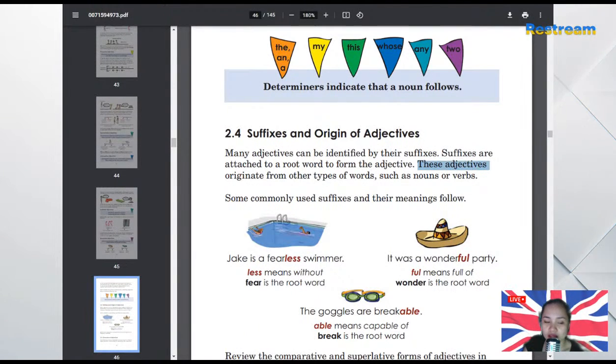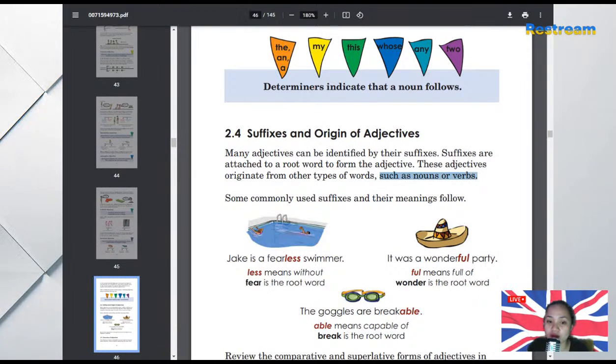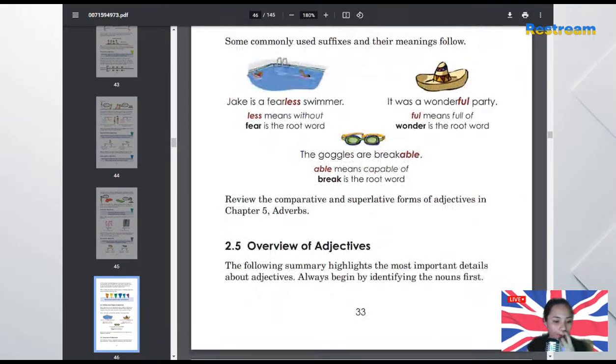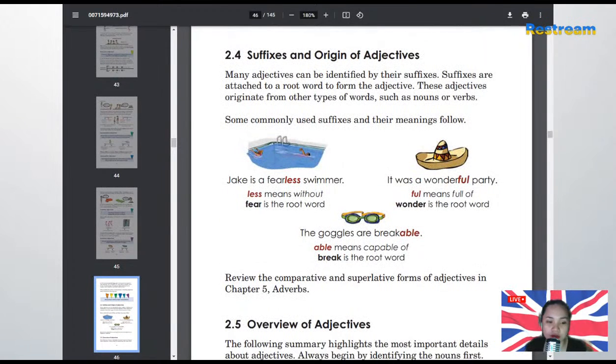So these adjectives originated from other types of words such as nouns and verbs. The continuation is some commonly used suffixes and their meanings. For example, Jake is a fearless swimmer.